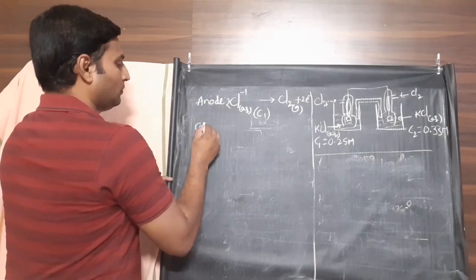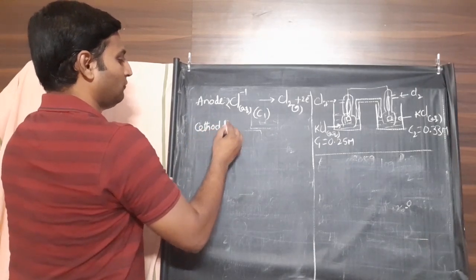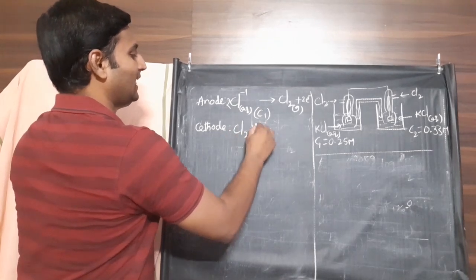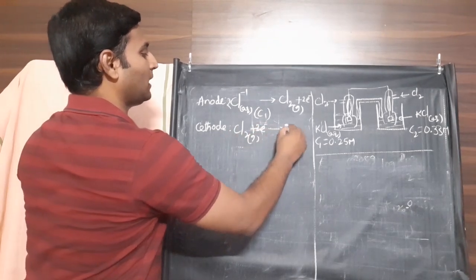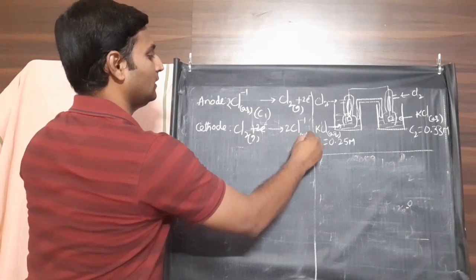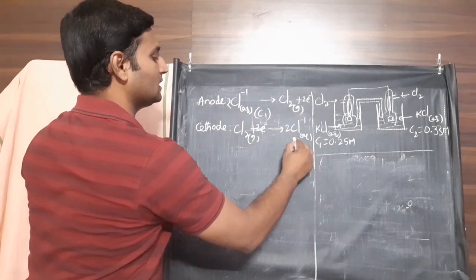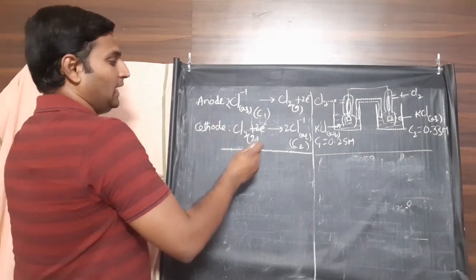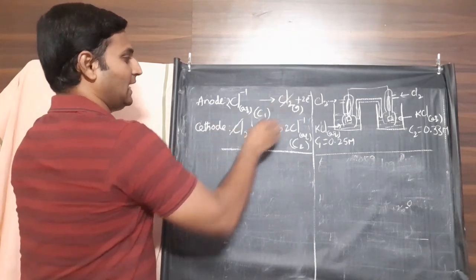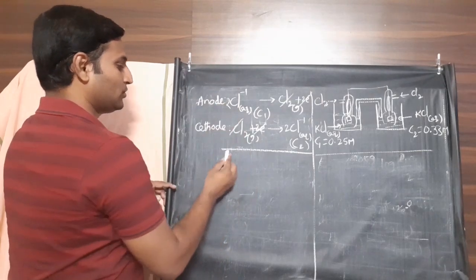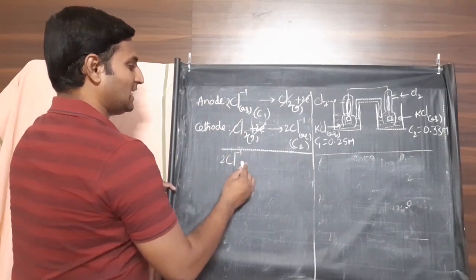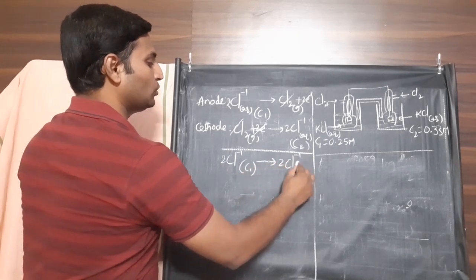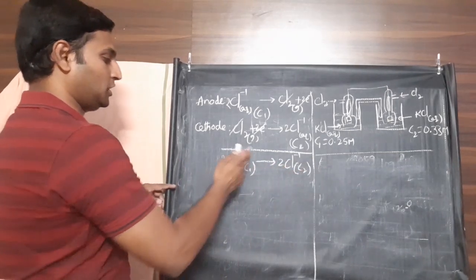Now, cathodic reaction will be the chlorine gas gaining 2 electrons and becoming chloride ions, where the concentration will be C2. Now you observe. Let us cancel chlorine gas and electrons on both sides, and you see 2Cl minus with C1 concentration gives rise to 2Cl minus with C2 concentration.